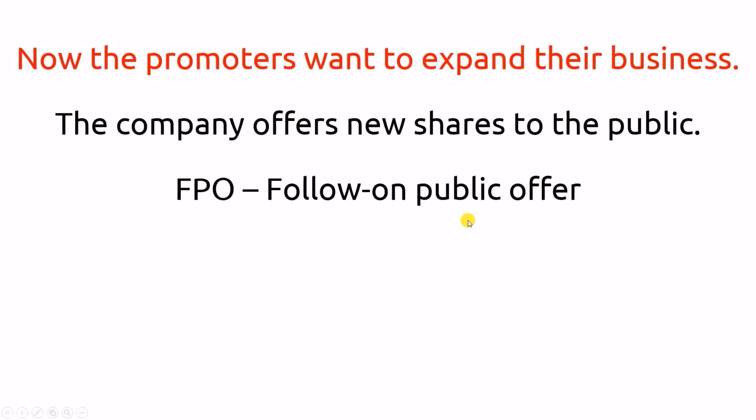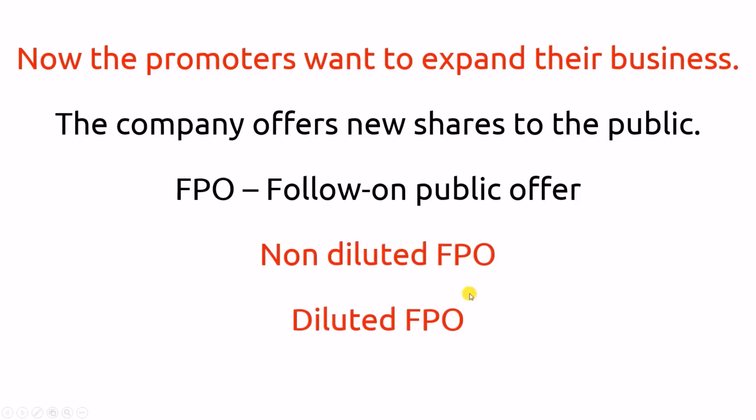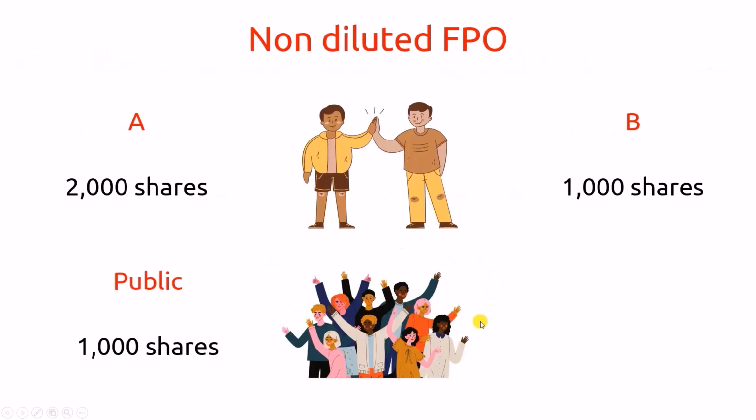Alright, now there are two categories of FPOs. Let us see those. One is non-diluted FPO and the second is diluted FPO. So let us try to understand what these two are. First is non-diluted FPO. So you know that promoter A has 2000 shares, promoter B has 1000 shares and public has 1000 shares.